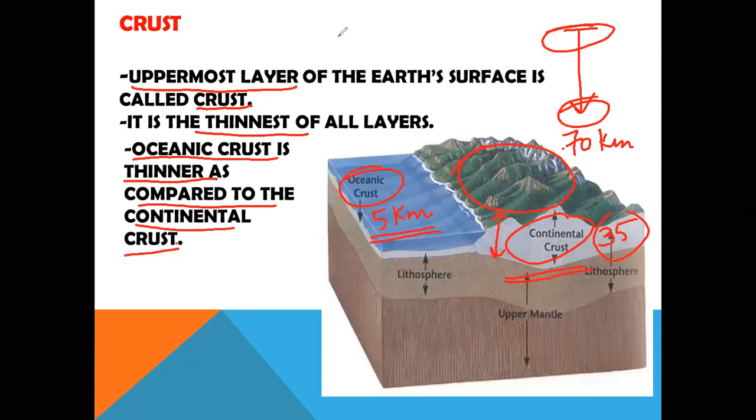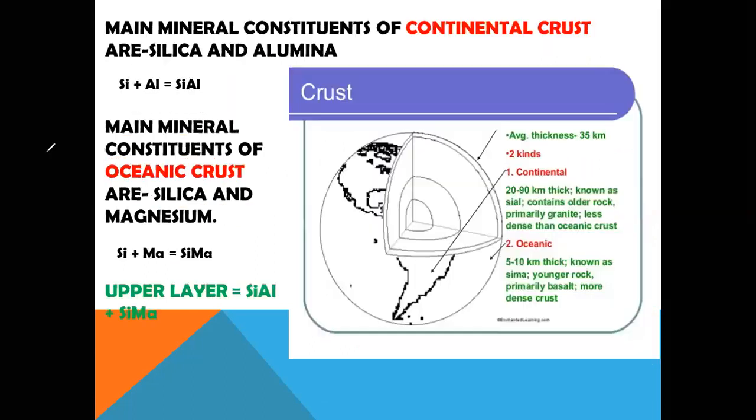Now, the crust is further divided into two layers, that is Sial and Sima. The main mineral constituents of the continental crust are silica and alumina. So basically, the continental crust is composed of silica and alumina called Sial when combined.